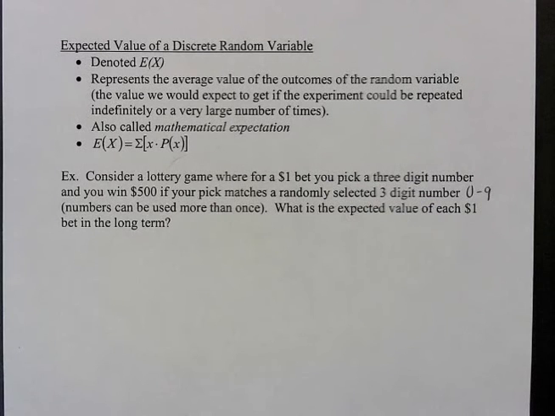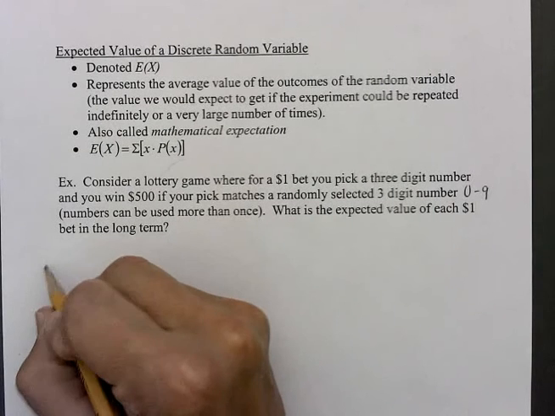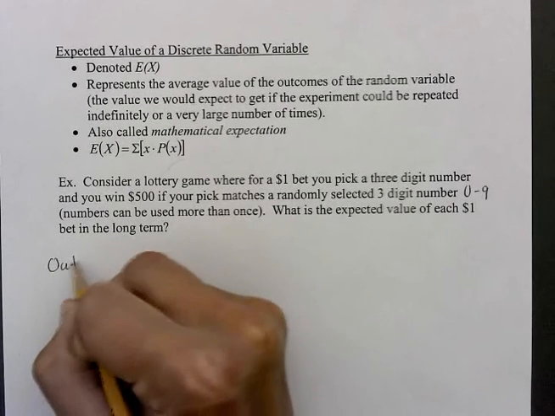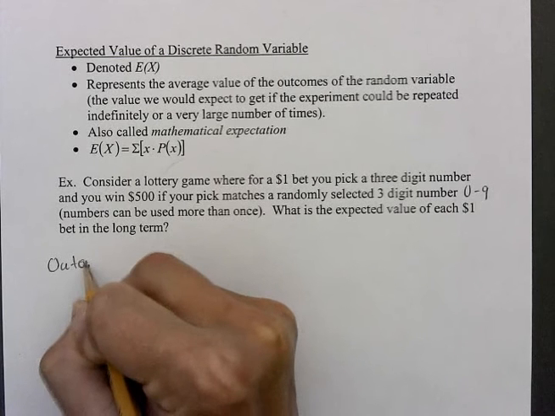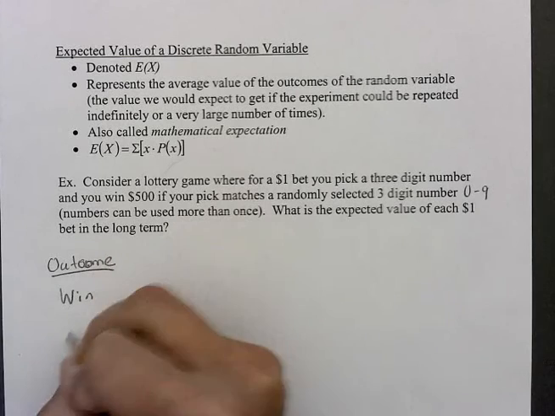So we have this probability experiment where we play a game, and there's two possible outcomes. Either you win the game or you lose the game. There's no other possibility if you're playing the game. So I usually make a table. We have the outcome, which is you can either win or you can lose.